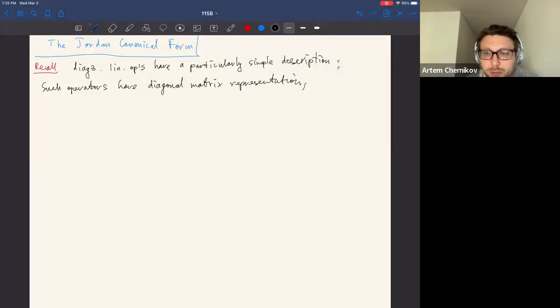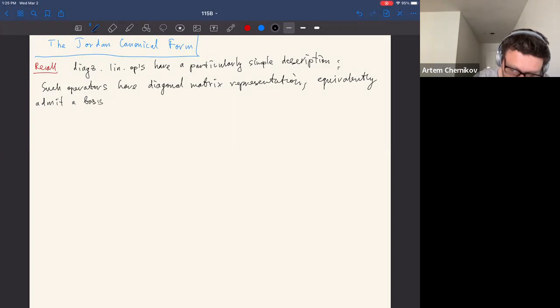There exists an ordered basis consisting of eigenvectors.